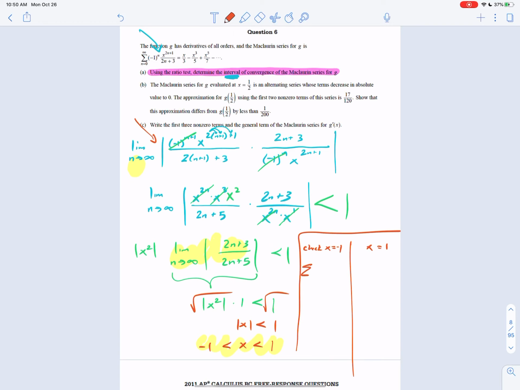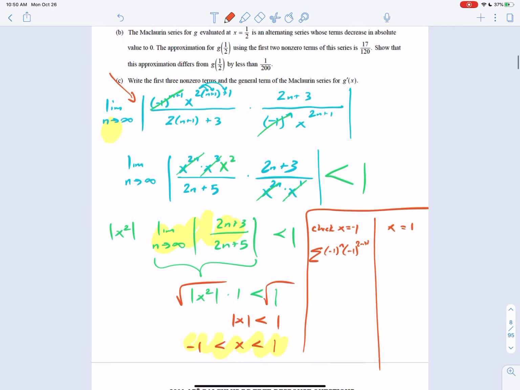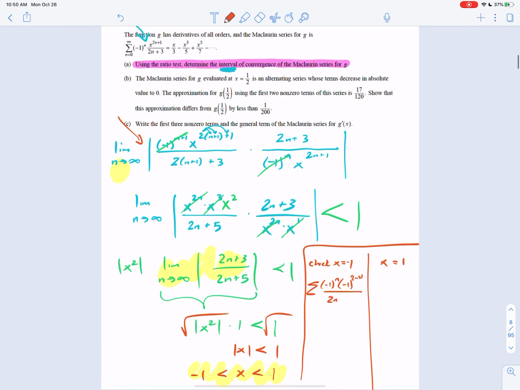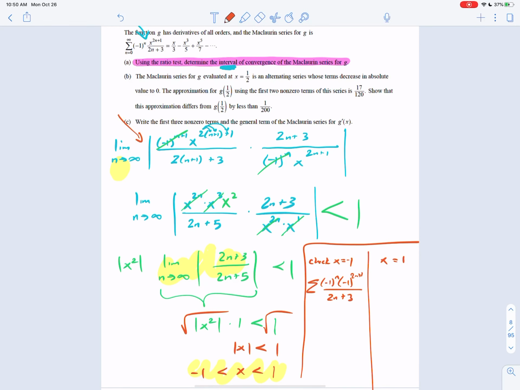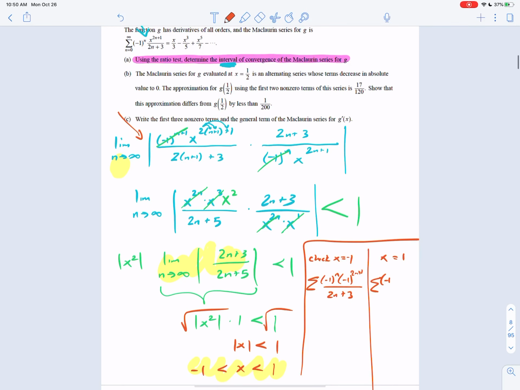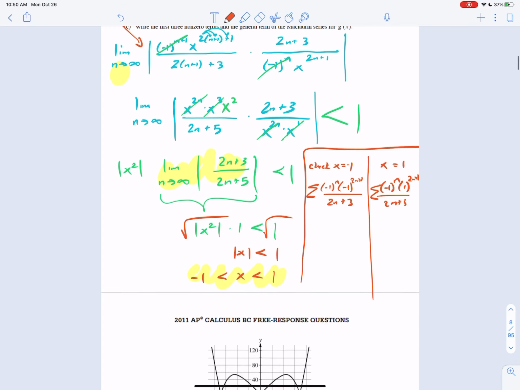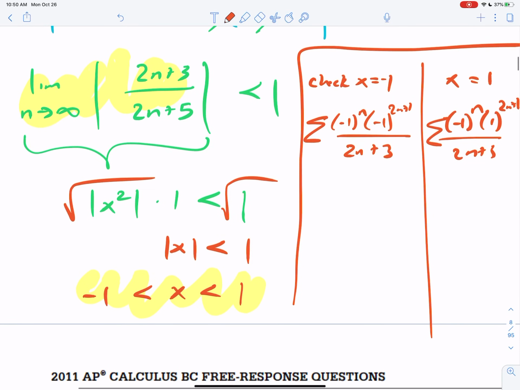It's going to look like the summation of negative 1 to the n of negative 1 to the 2n plus 1, all over 2n plus 3. Over here you're going to have negative 1 to the n, 1 to the 2n plus 1, all over 2n plus 3. I'm running out of space here, but I want to squeeze it in there.